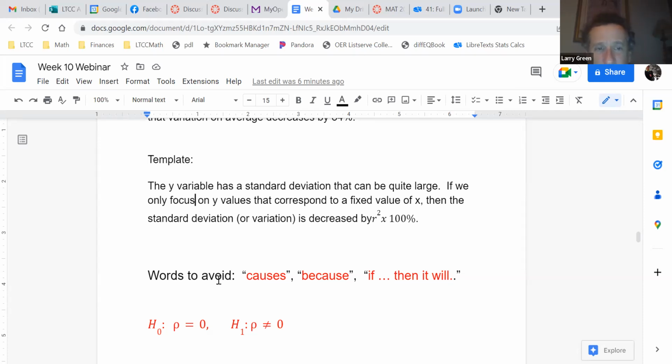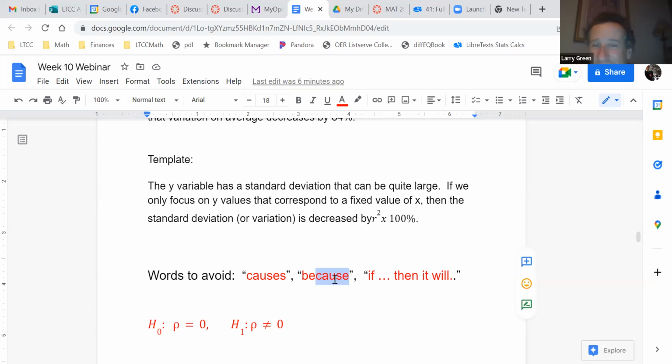So just some very important things to avoid. Never use the word cause. And something you may not have ever thought about, it's an English thing, not a math thing. The word because is just a variation of the word cause. It means caused by.